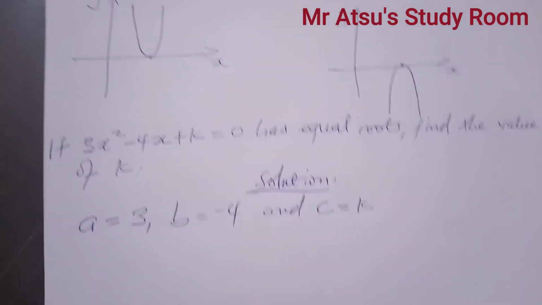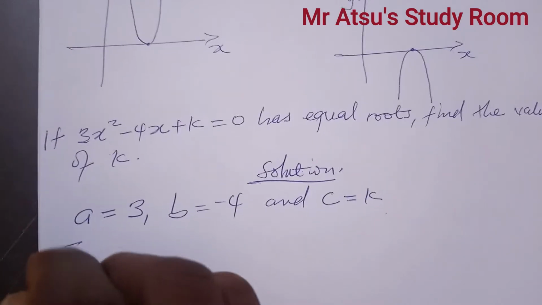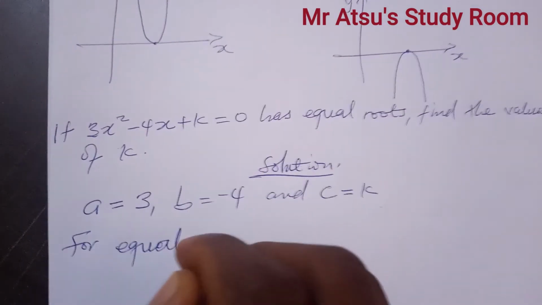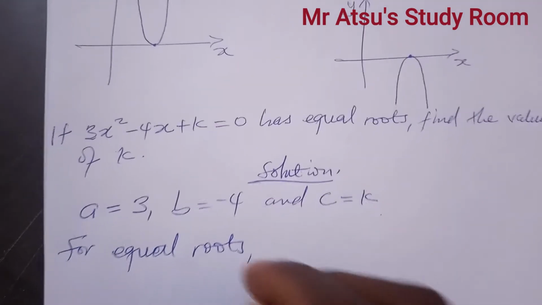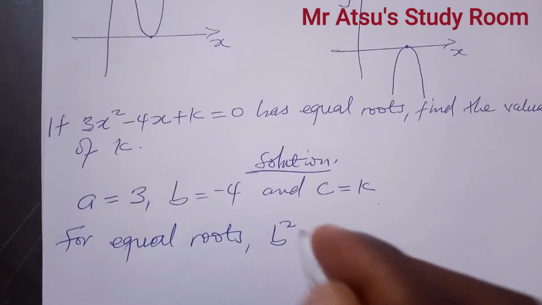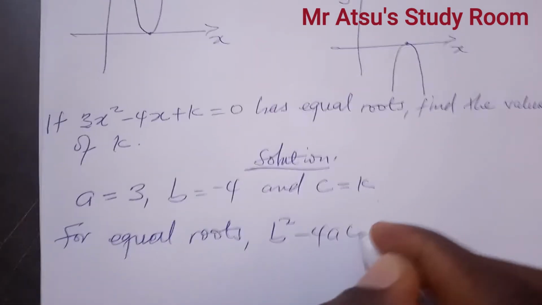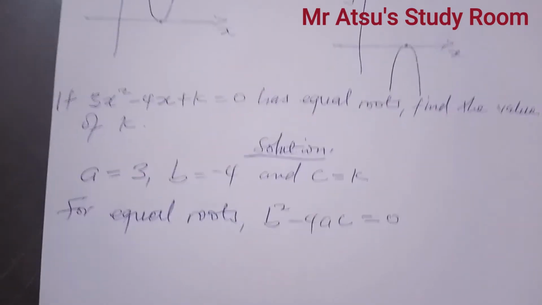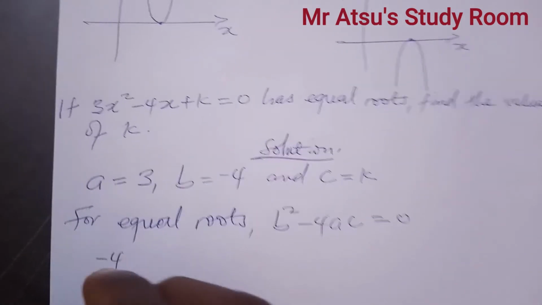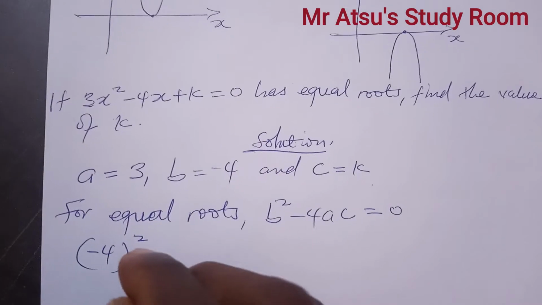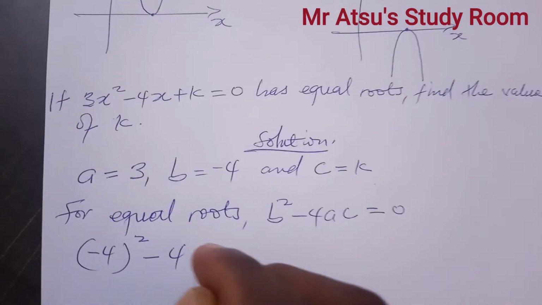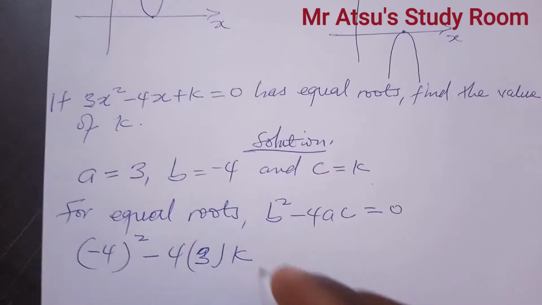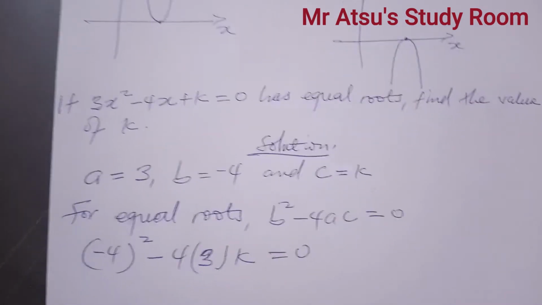So now we are going to tell ourselves that for equal roots, the discriminant, which is b squared minus 4ac, should be equal to 0. That means -4 squared minus 4 times a, which is 3, times c, which is k, should be equal to 0.